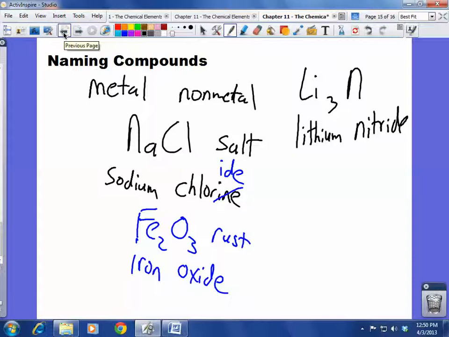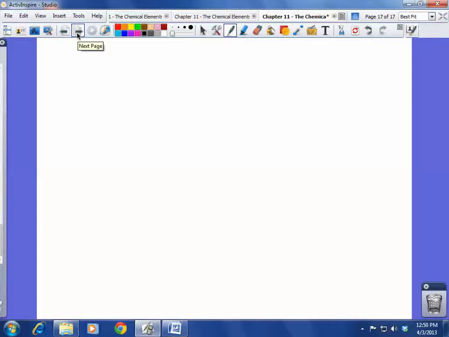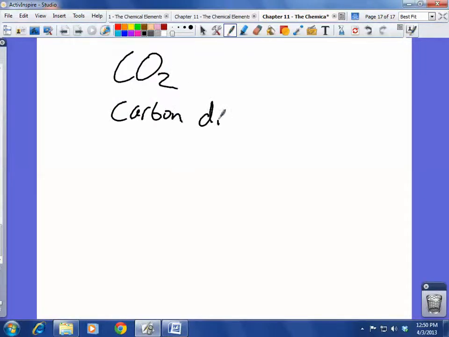Now, the only other kind of tricky thing about naming that we're going to go into is when I ask, what are we exhaling right now? Carbon dioxide.